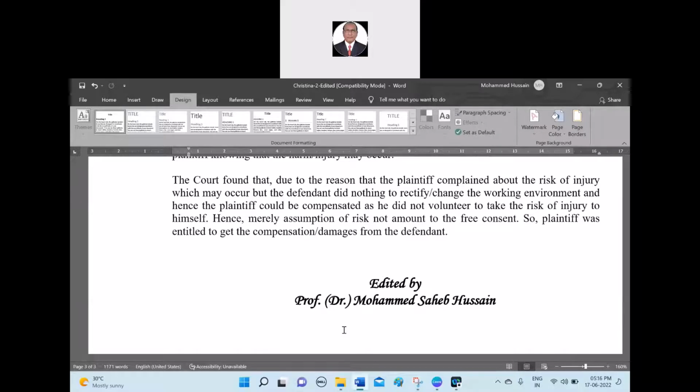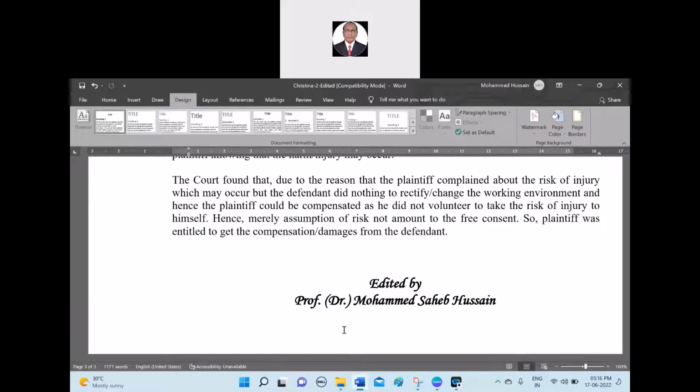It may be 3 pages, 4 pages, 5 pages, 6 pages. When you read it, you pick out the facts, who the parties are, what happened, what rules were applied, you give your discussion depending upon the issues, and you come to the conclusion given by the court.